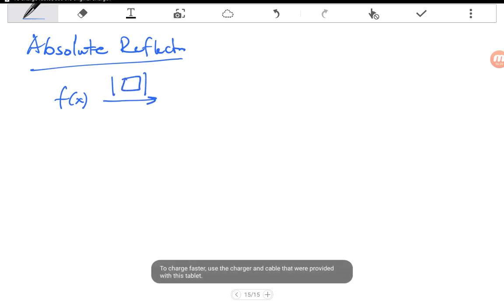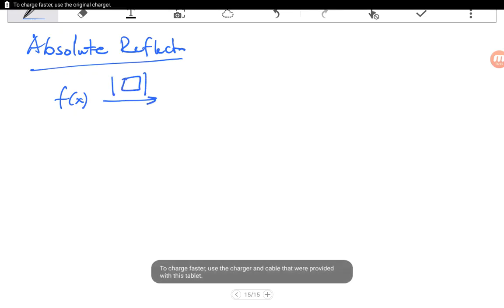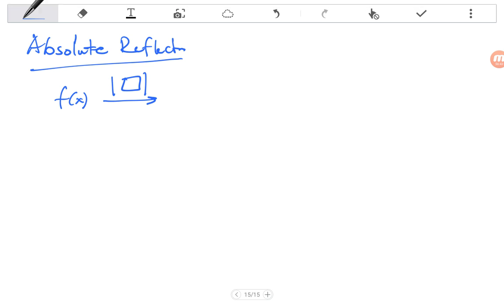If I have some function f of x and I take the absolute value of the whole function, in this case, it will give me absolute f of x.